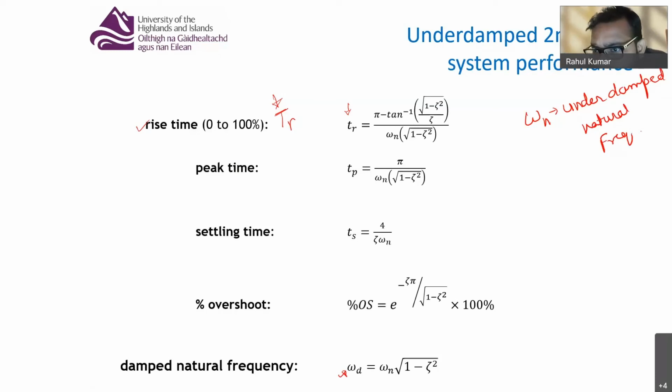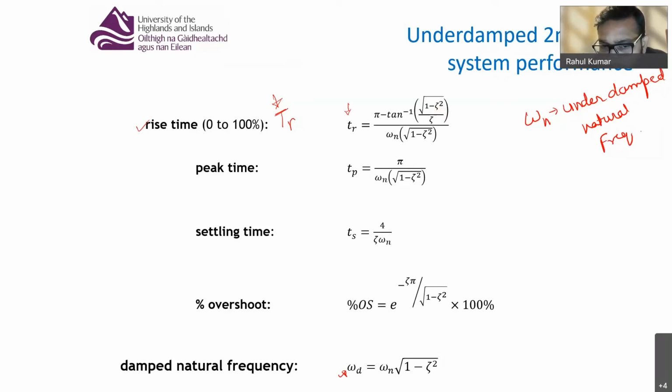Now if you look at all the formulas on your screen, to calculate all these values we would need zeta, which is your damping ratio or damping constant, and omega n. Zeta, omega n, zeta, zeta, omega n, zeta.